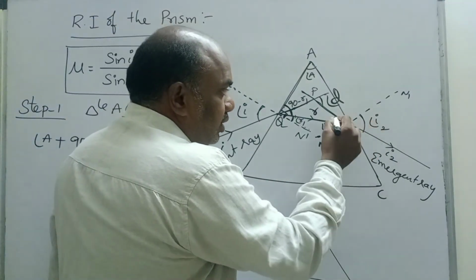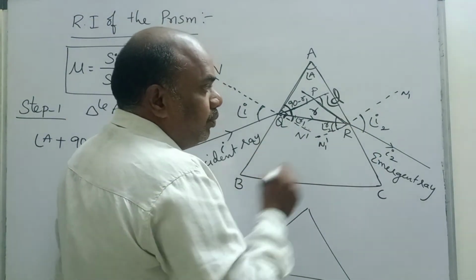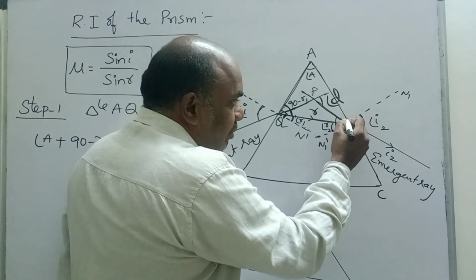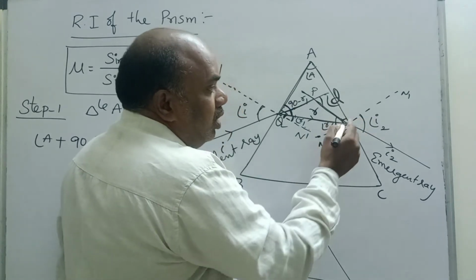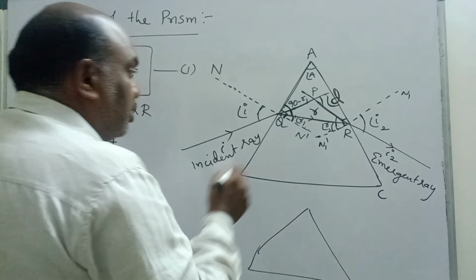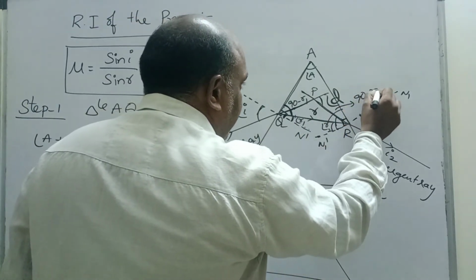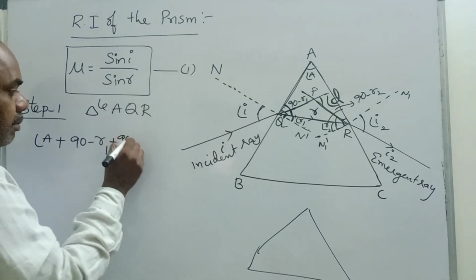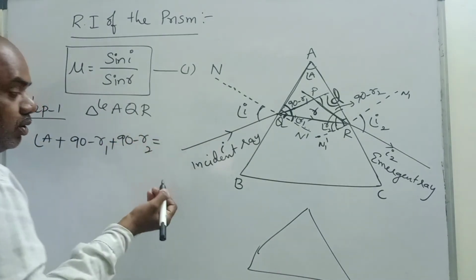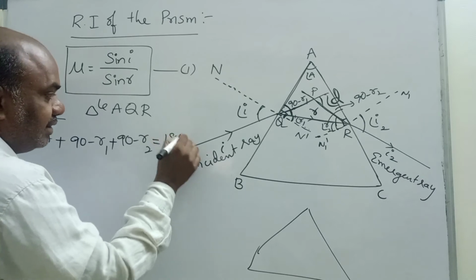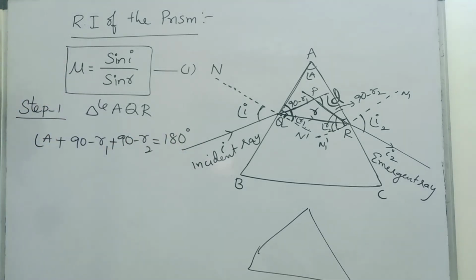If it is I2, this total angle is also I2. Since the normal makes 90 degrees, only this angle is 90 minus R2. So this total is equal to what, children? 180 degrees, the sum of angles in a triangle.